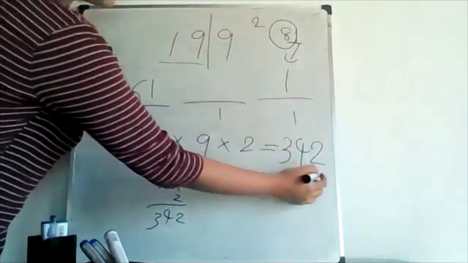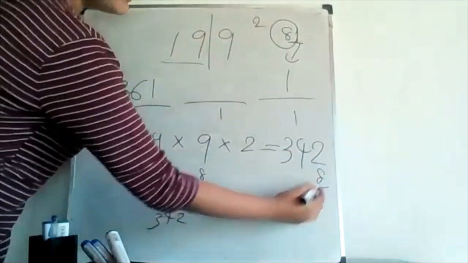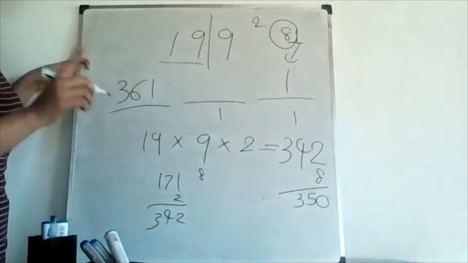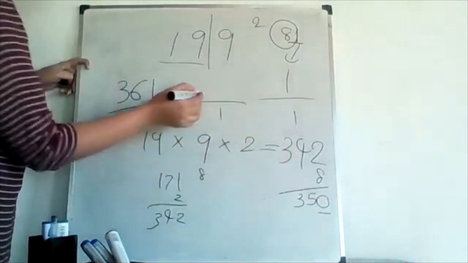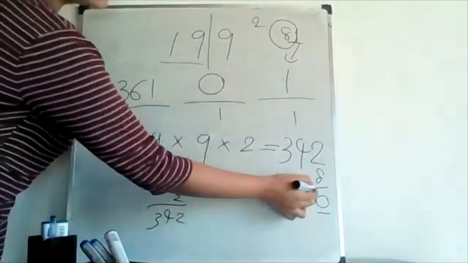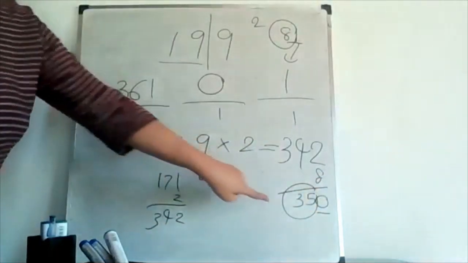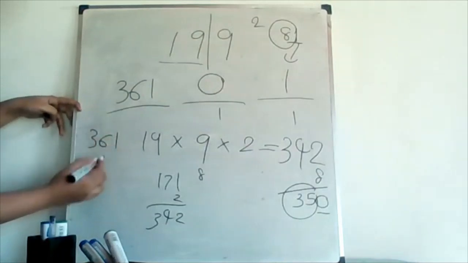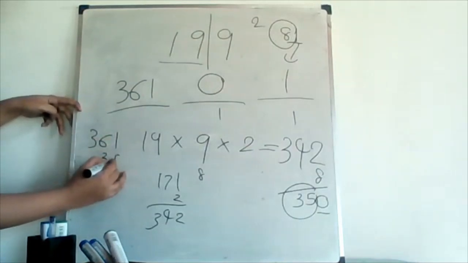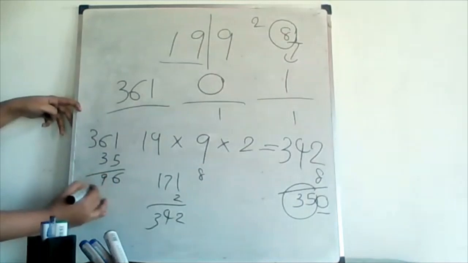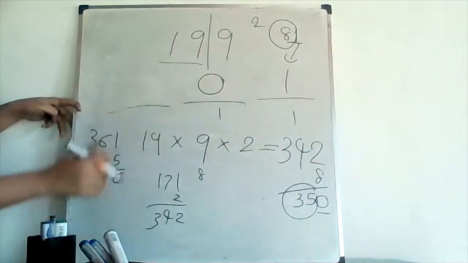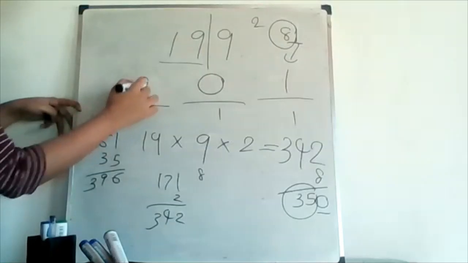That means 342 plus 8, it should be 350. So now here also only one value is allowed. That means this 0 should be written here and this 35 is remaining. And this 35 should be added to this 361. So 361 plus 35, that is 396. That means this value should be updated as 396.